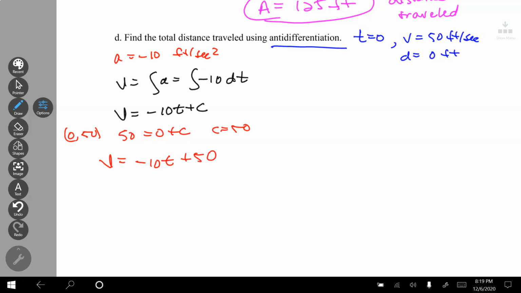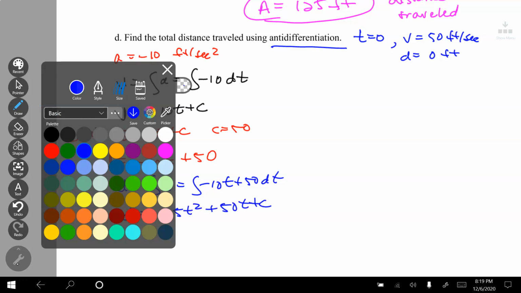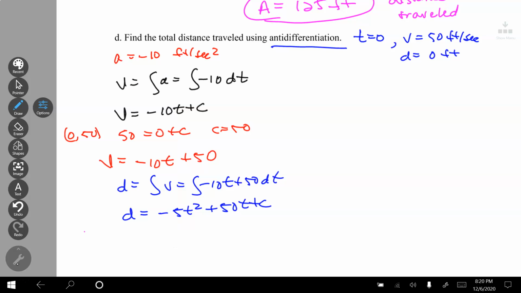But now I want to find my distance equation. So distance is the antiderivative of my velocity, or -10t plus 50 dt. And if I do this correctly, I get d is equal to -5t squared plus 50t plus c. Now I could plug in 0, 0.